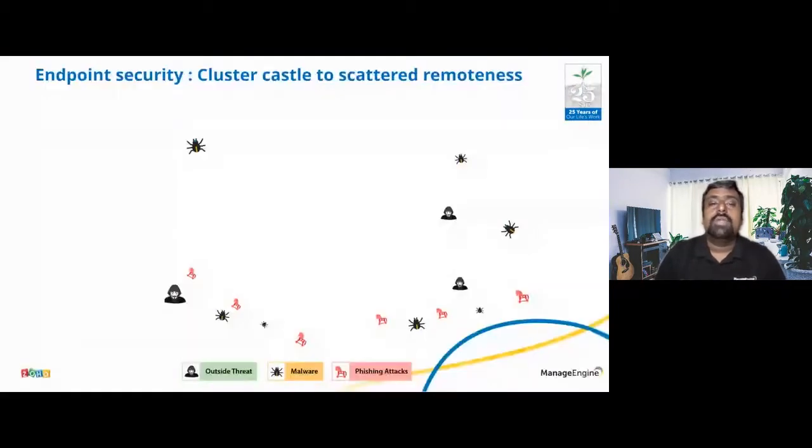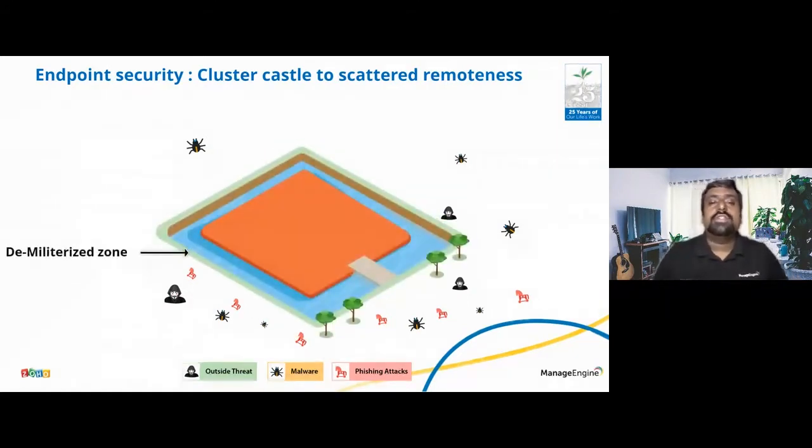So previously, if you look at it, our endpoints were securely in place inside a specific castle. We call it a fortress, right? The IT castle. And you have all these outside attacks, malware, and phishing attacks happening around. So we had the first layer of security, something like a moat, right? I'll take you back to Dungeons and Dragons.